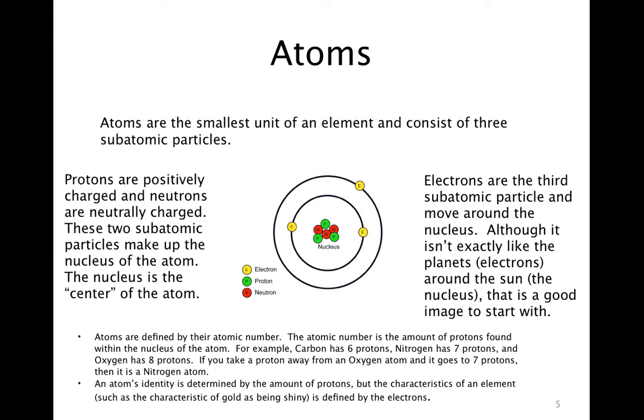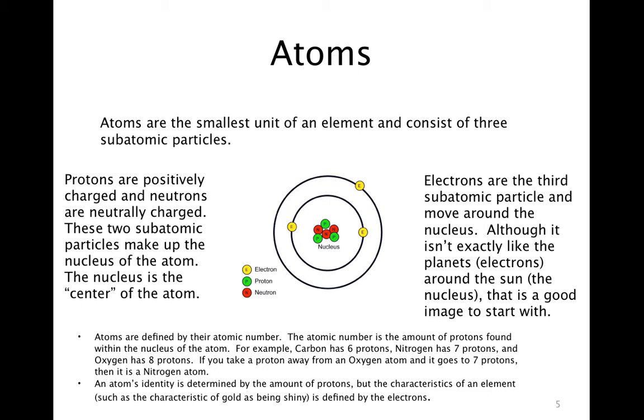Okay? But the characteristics of an element, the defining features of an element, are characterized by the electrons. The electrons are on the outer portions of the atom, and so they are the parts which are interacting with the rest of the other elements and light, for example, for the most part. Okay, so like gold glitters.